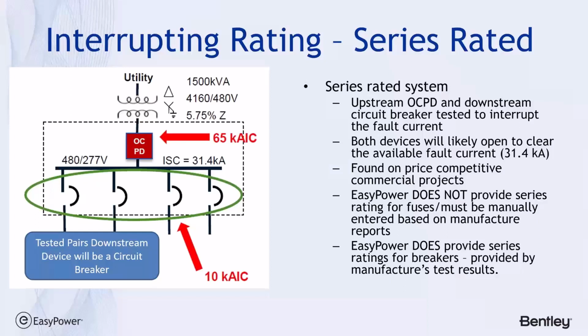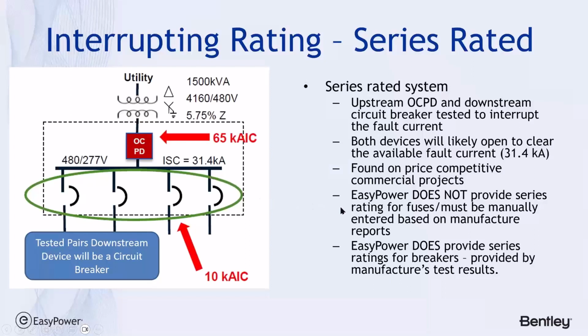Now I keep referring to the fact that this is tested. Usually the series rating for fuses and breakers, you can't verify it from the data sheets. It needs to be a tested combination. The point is both devices are likely to clear the available current, and both devices are likely to open, especially if this is a fuse, at that 31,000 amp fault.